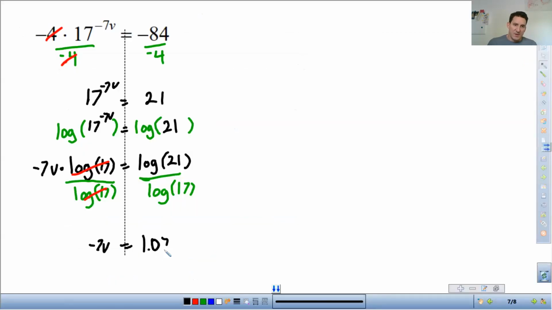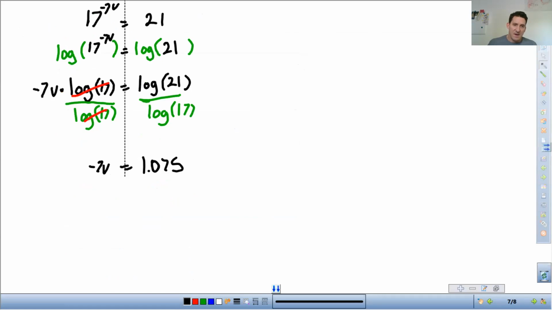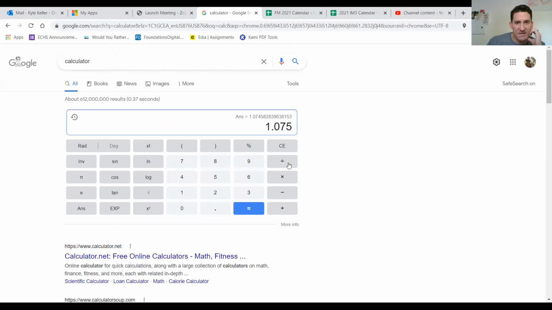So 1.075, and then I need to divide by negative 7. So this will cancel out. I get b. B is equal to 1.075 divided by negative 7.